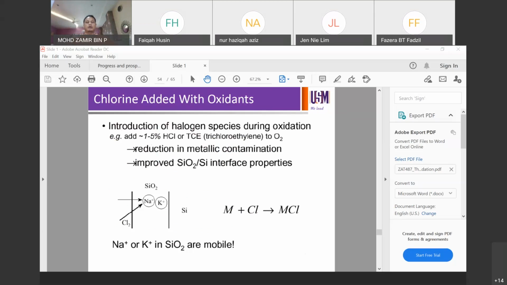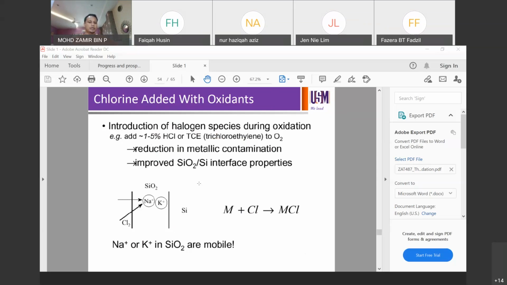Therefore, you don't want to have metallic contaminants at all in your process or in your oxide. Having contaminations in your thin oxide will of course be detrimental to your device. Adding chlorine species will also help to improve SiO2 and Si interface properties.